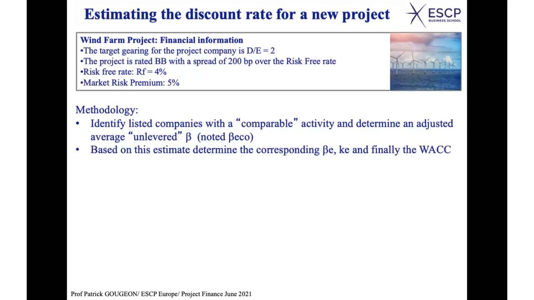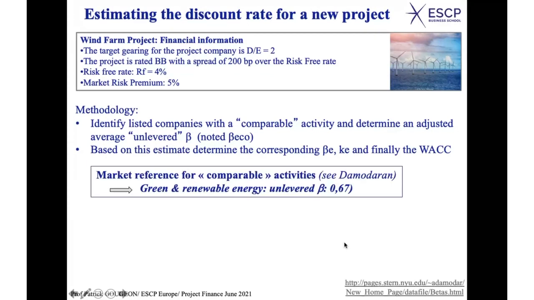Based on this estimate of the economic beta, we can calculate the equity beta and the cost of equity, and then finally the WACC. So how are we going to do that? First of all, we need a reference on the market with comparable activities. If you look at Damodaran, you have green renewable energy. The unlevered beta is 0.67. This is what we saw in the table before.